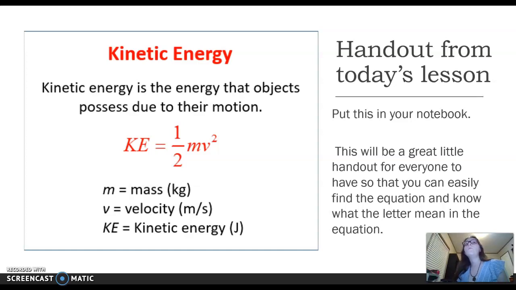It helps you remember what each thing stands for, and that kinetic energy is the energy that objects possess due to their motion. We're going to put this in our notebook. It's going to be helpful for remembering the equation because we have a lot of equations in this chapter and section, so it gets difficult when you have so many of them.